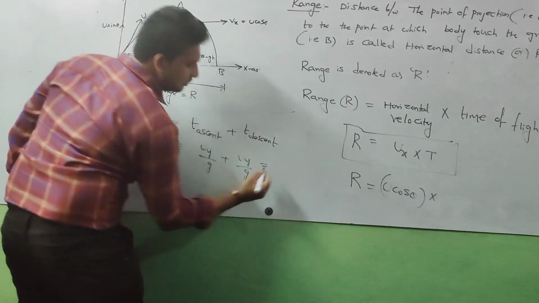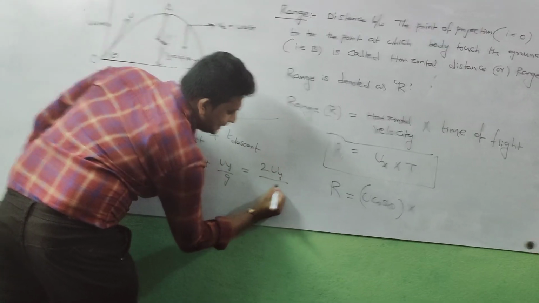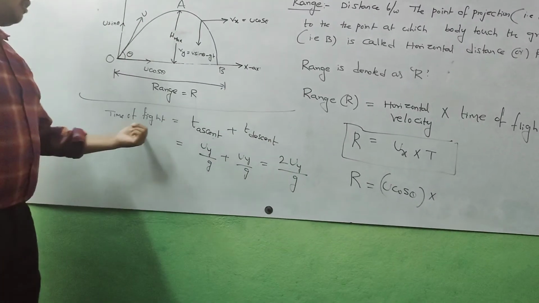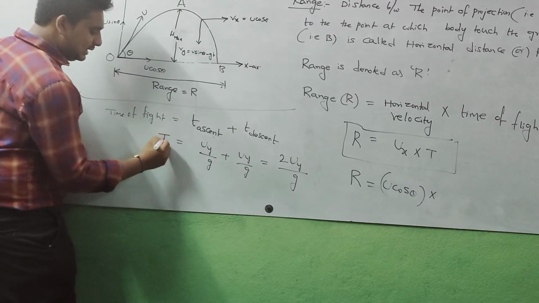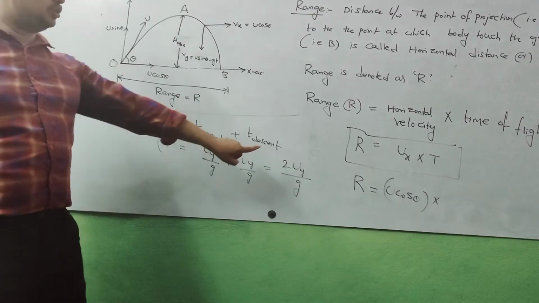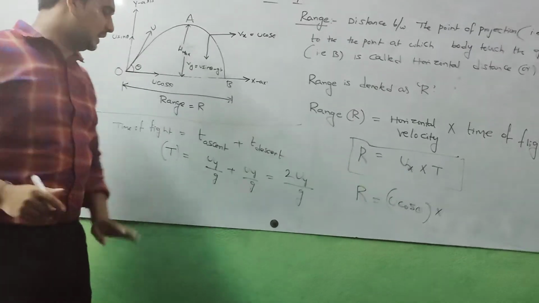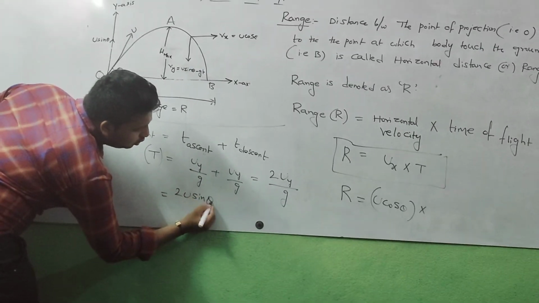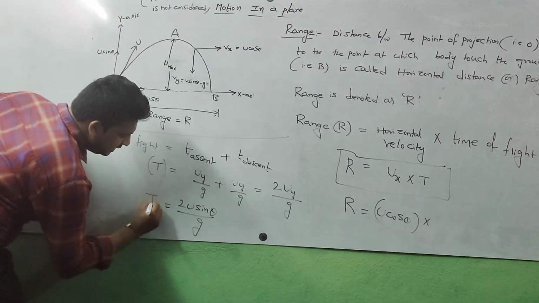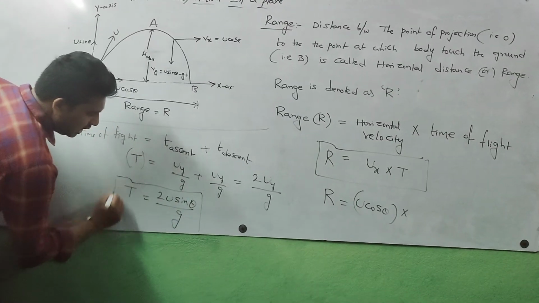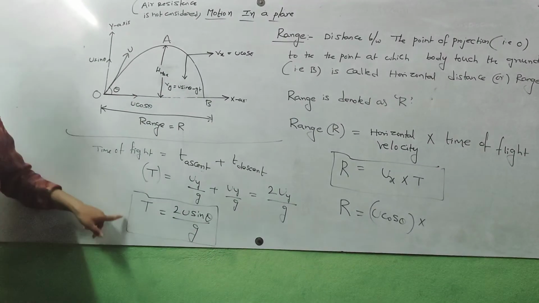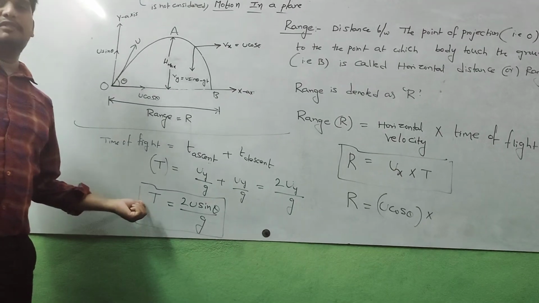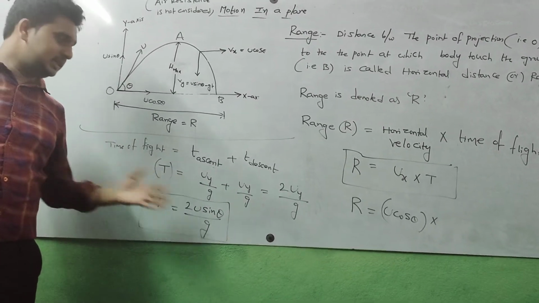We got 2uy by g. Time of flight is indicated by capital T. Since uy is u sin theta, the time of flight formula is 2u sin theta by g.